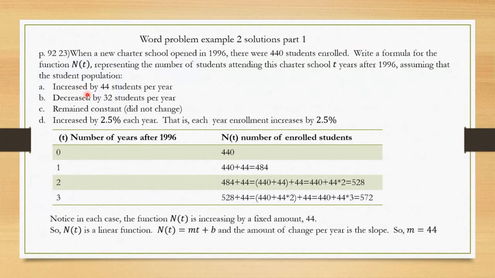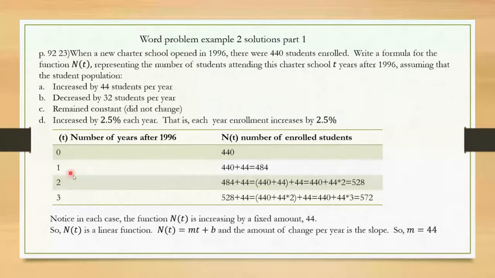In A, which is what we're in now, the enrollment is increasing by 44. So the number of students enrolled now is 440 plus 44, which is 484.